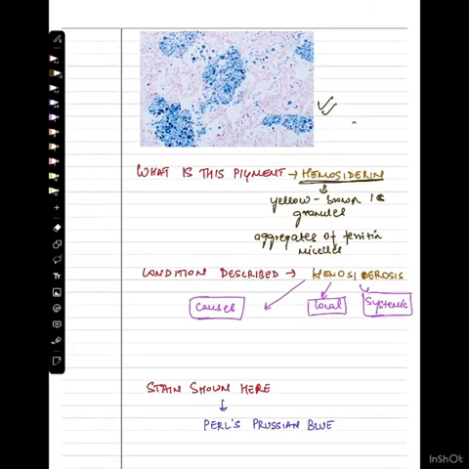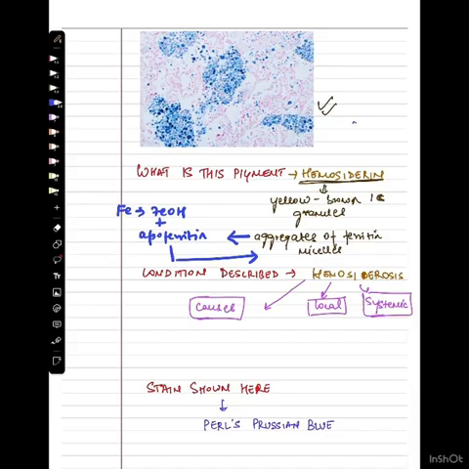What is hemosiderin? Hemosiderin is a pigment which is nothing but aggregates of ferritin micelles. Now, how are these ferritin micelles formed? Hemosiderin usually contains iron in the form of ferric hydroxide. This ferric hydroxide is bound to apoferritin, which is then unmasked by various chemicals to form these aggregates of ferritin micelles.